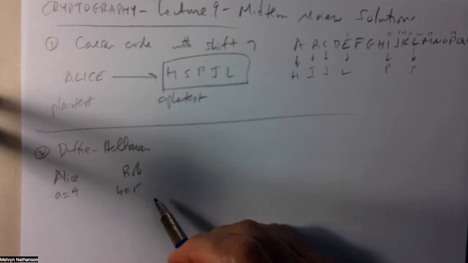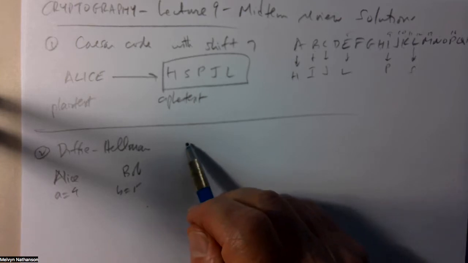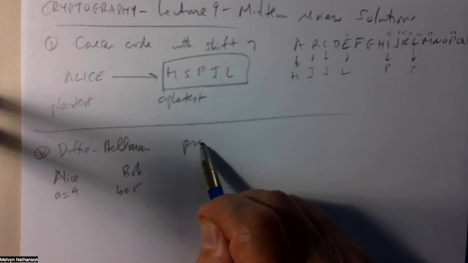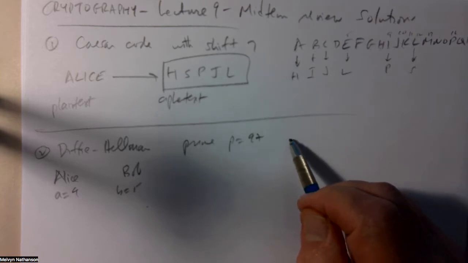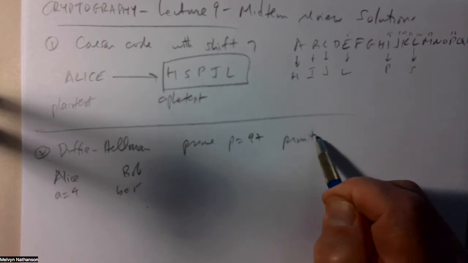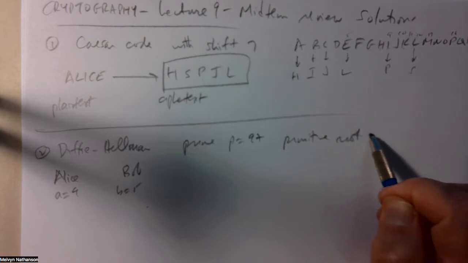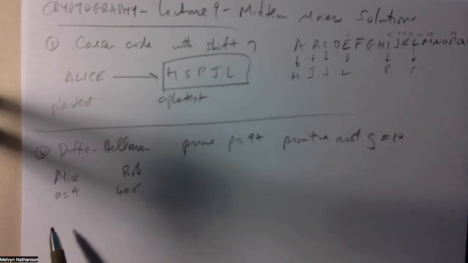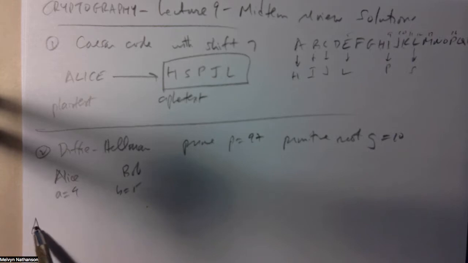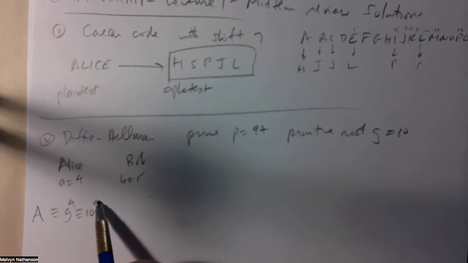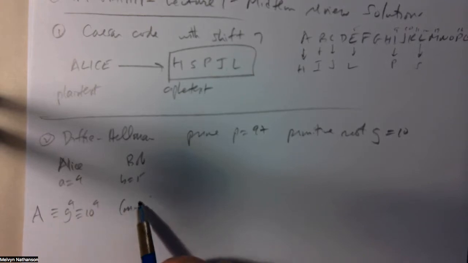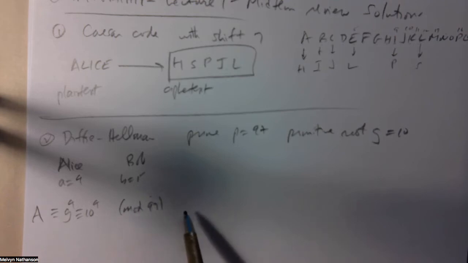And what is in the public domain is the prime P equal to 97 and the primitive root G equal to 10. So Alice is going to calculate the number capital A, which is G to the 4th, which is 10 to the 4th, mod 97. And she's going to send that to Bob.